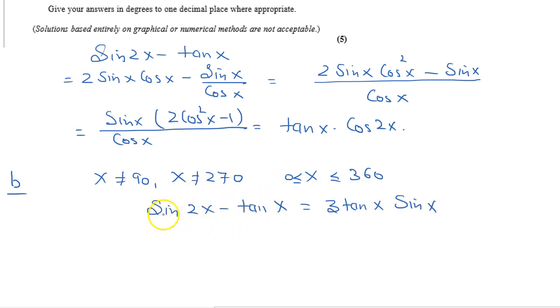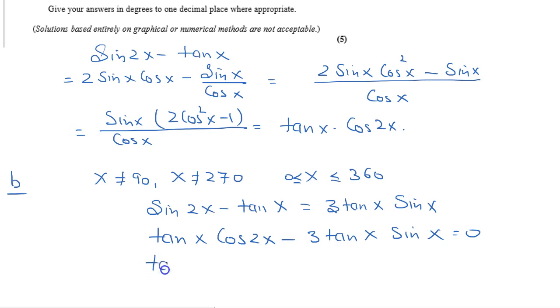We have sin 2x minus tan x, which we have just proved is equal to tan x cos 2x. Minus 3 tan x sin x is equal to 0.